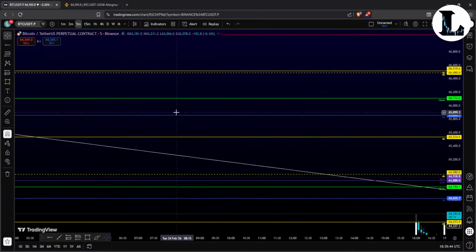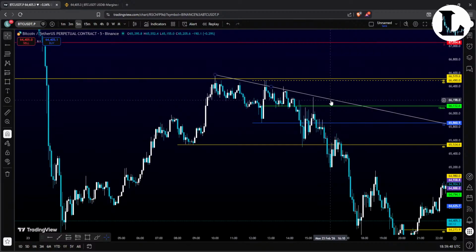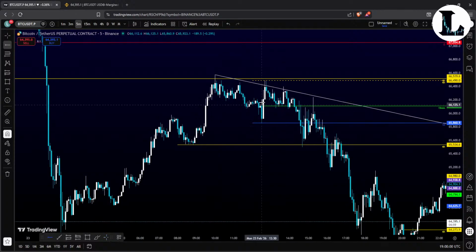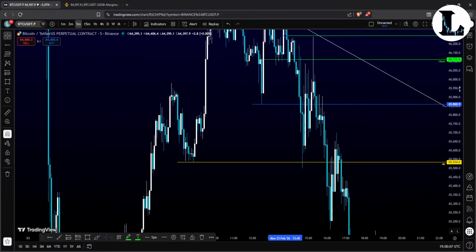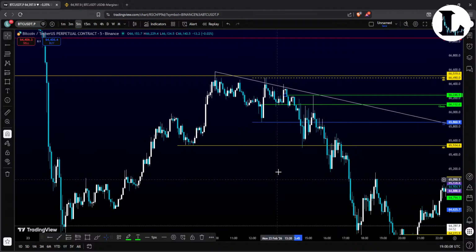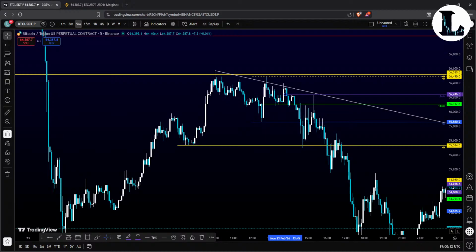Let me go to the 5, try to understand if we have a strong candle here on a 5. And we actually do. It is this one here. Maybe this one will act also. I think that is not a test. Okay, so we have a candle here. This might be the strongest one.